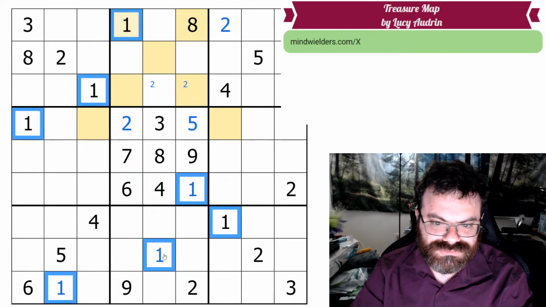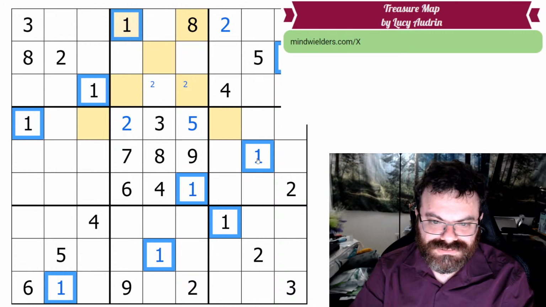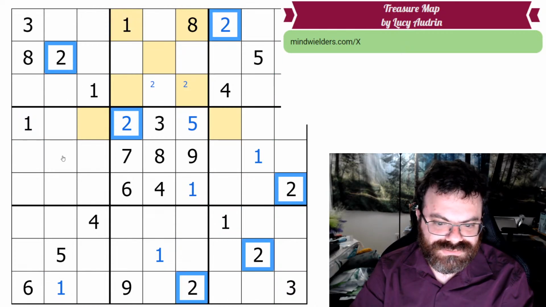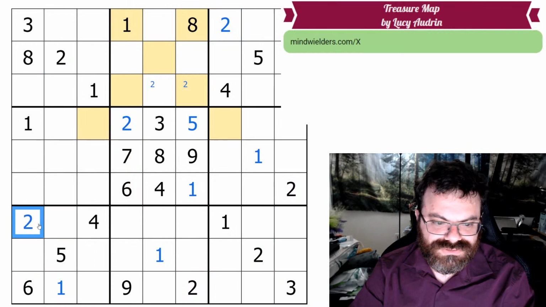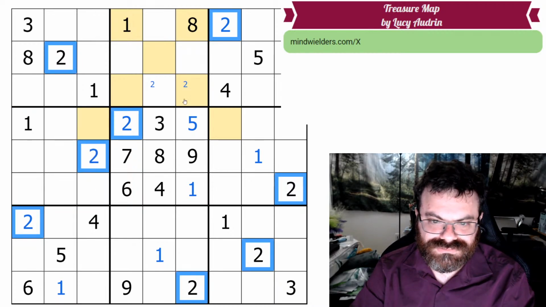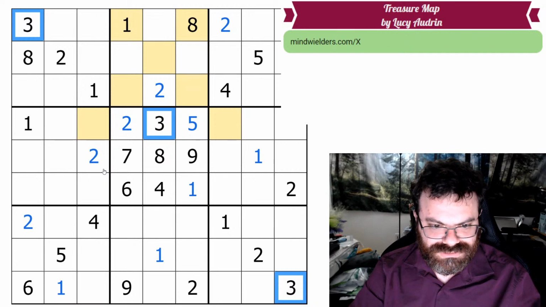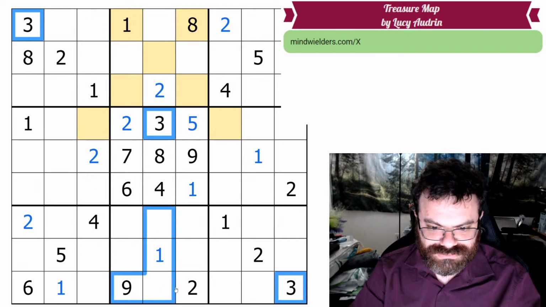It's a 1. So far, so good. Finish the 1s. 2 goes here. Could have never been a 2 here. I think we finished the 2s as well. This is so far not so bad.